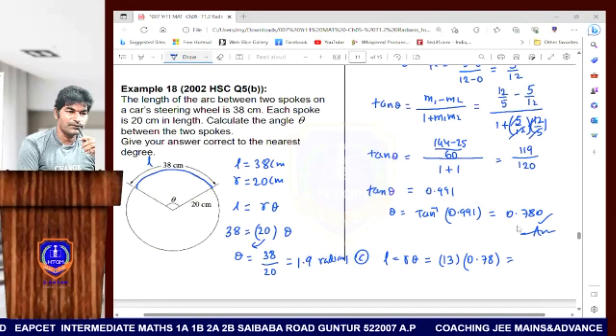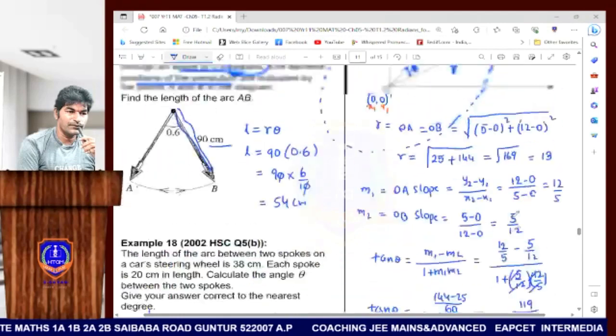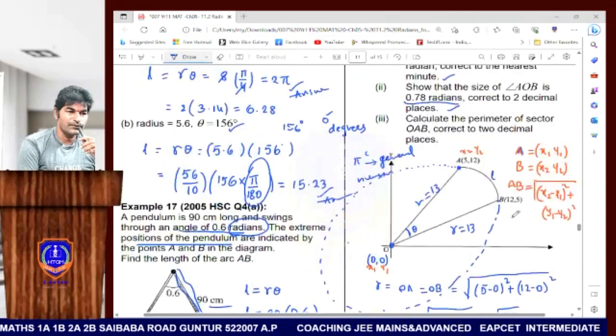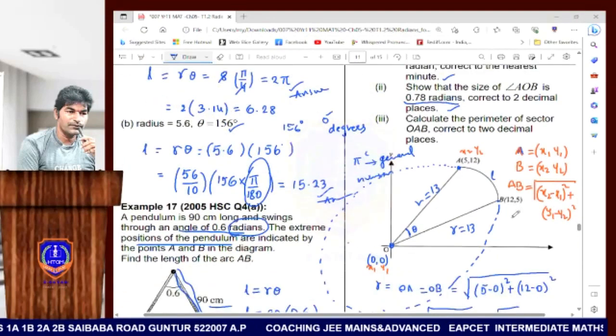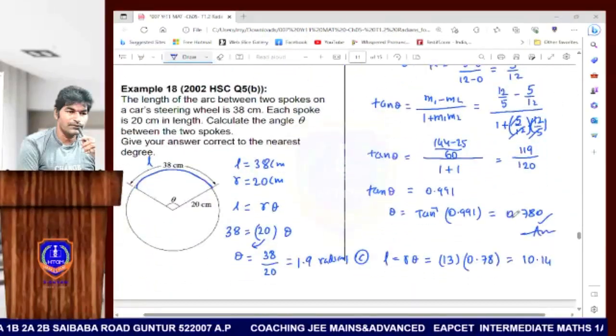Can you multiply these two together? 13 into 0.78 is 10.14. Is it centimeters or what? Since no measurement is given, leave it as units.